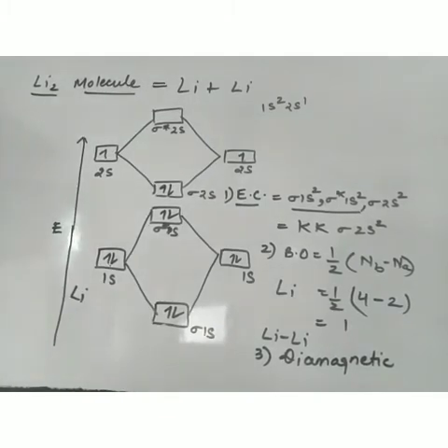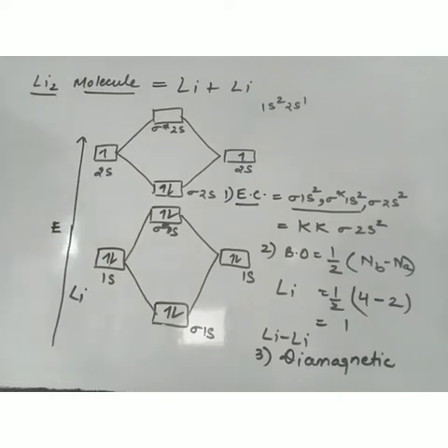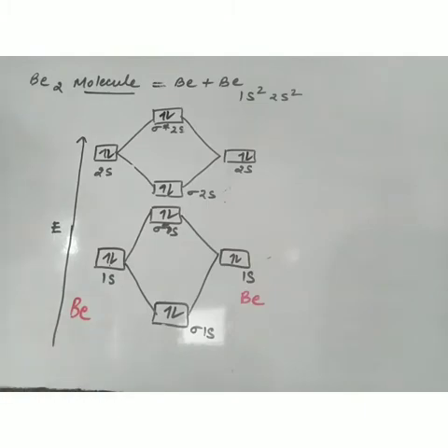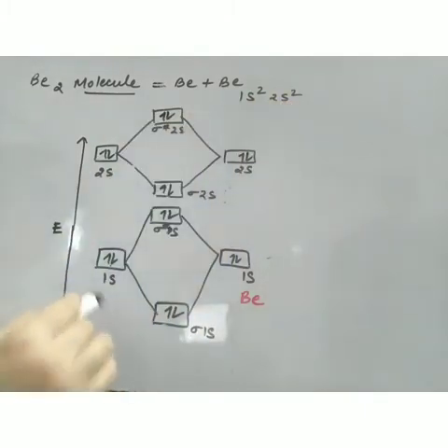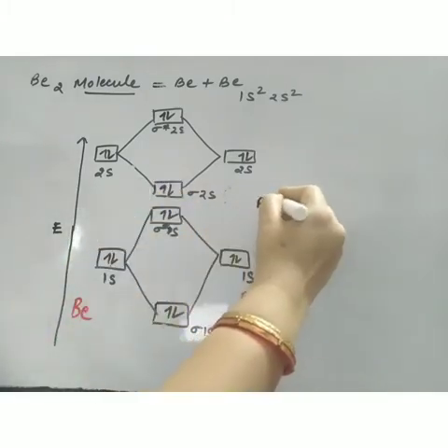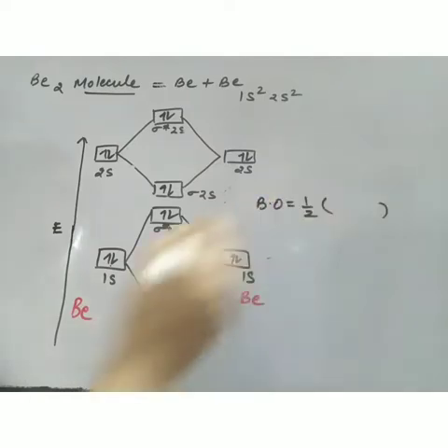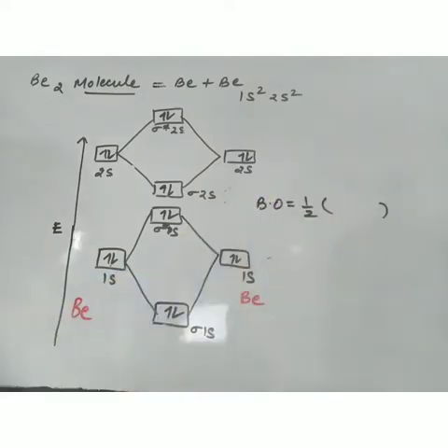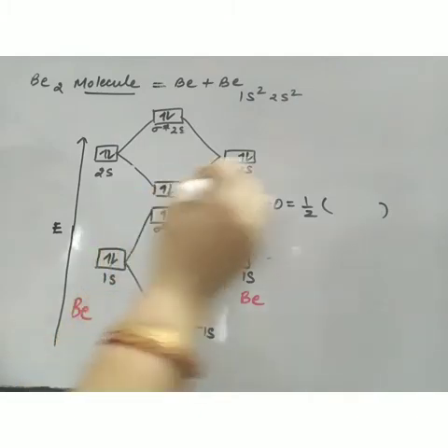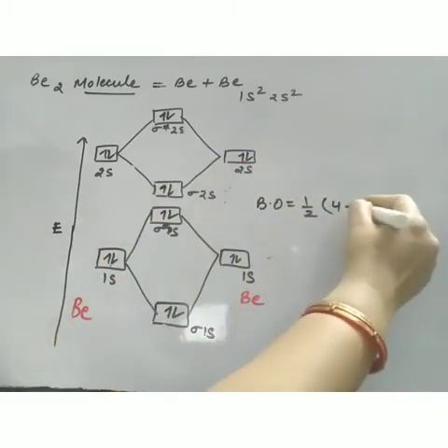Likewise we can also make the energy level diagram for the beryllium molecule. Now this is the diagram for the beryllium molecule. 1s2 2s2 means this block will be fully filled and this block will be fully filled. Now let's find out the bond order: half into bonding minus anti-bonding. How many bonding electrons are there? 2 and 2, 4. And how many anti-bonding? 4.